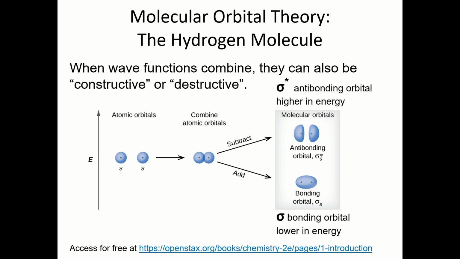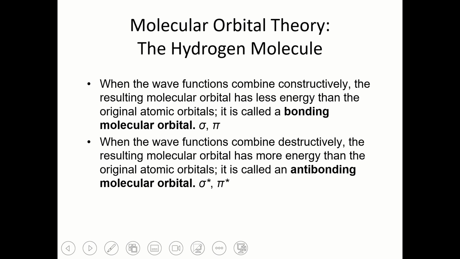So wave functions can also combine in either a constructive or a destructive way. And what happens is we create what we call bonding and anti-bonding orbitals. Anti-bonding orbitals are represented by an asterisk next to your molecular orbital symbol. Bonding orbitals are going to be lower in energy, and your anti-bonding orbitals are typically going to be higher in energy.